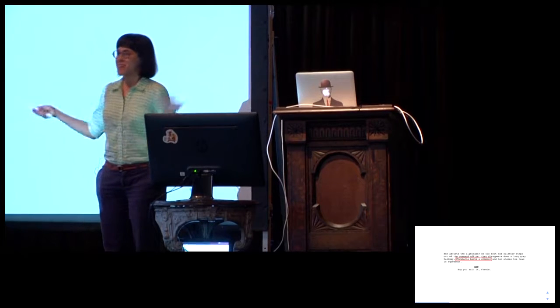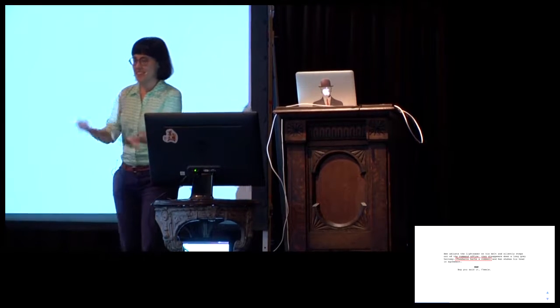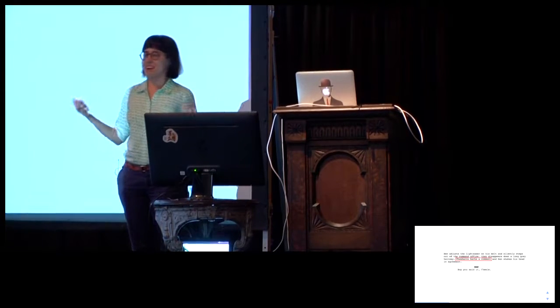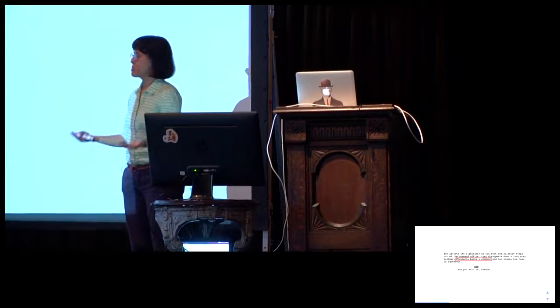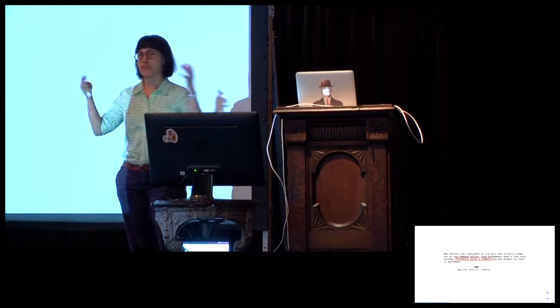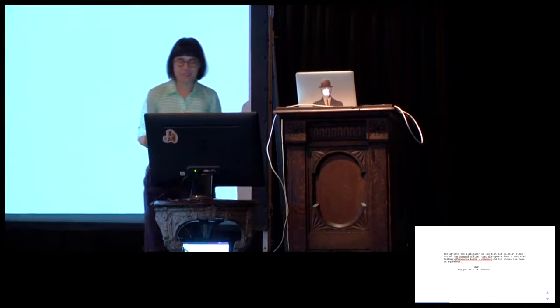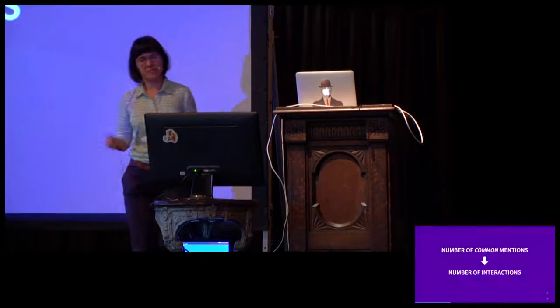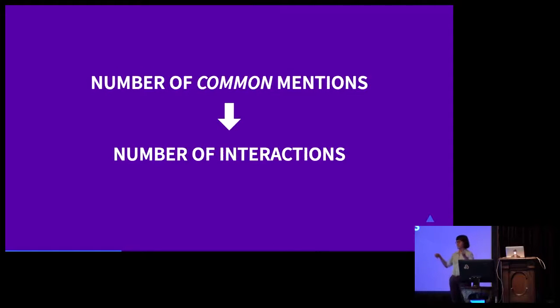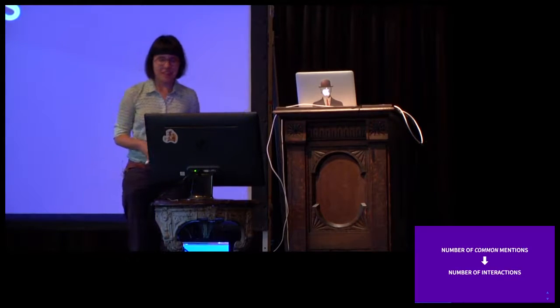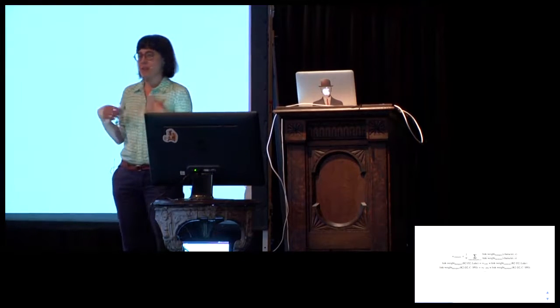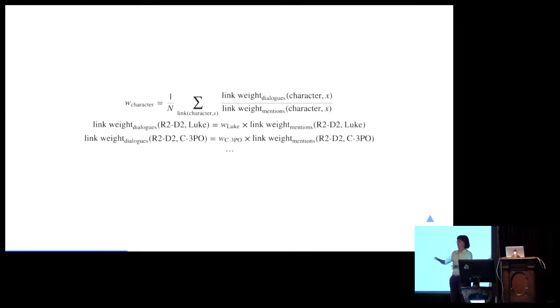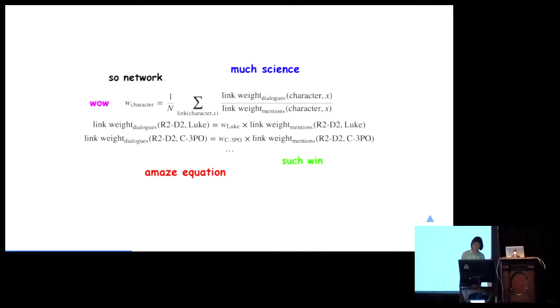But when I tried to extract the characters that appeared there, I can't do a Star Wars social network without R2 and Chewbacca. So in the end, I decided to estimate how many times a character would appear in a scene if they appeared. And I am a math person, so I went into proper formulas.